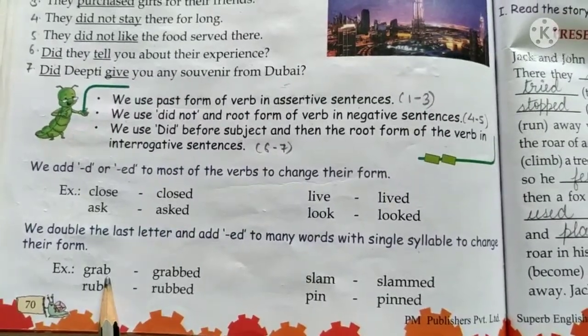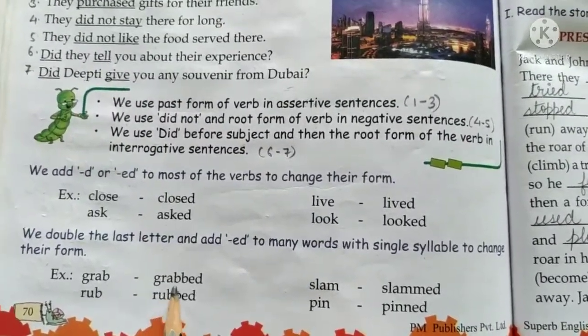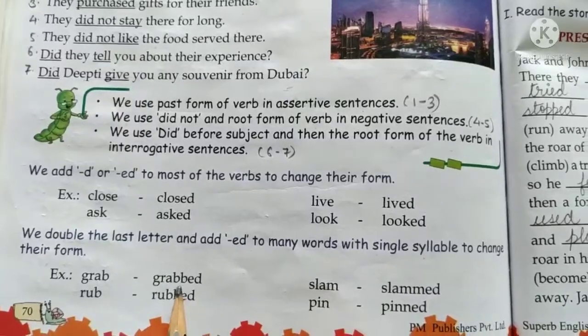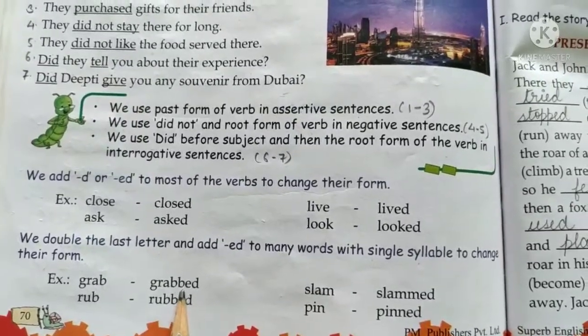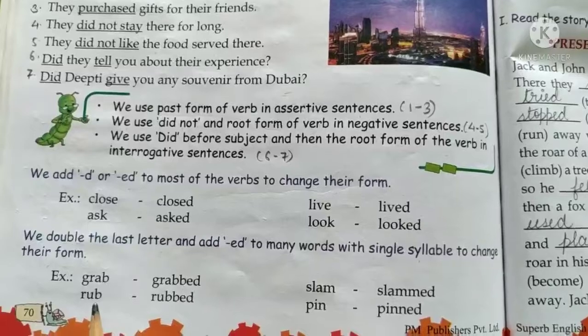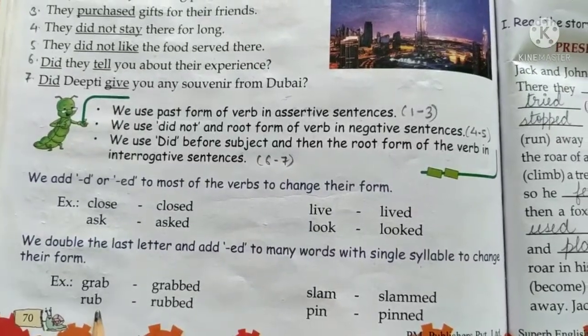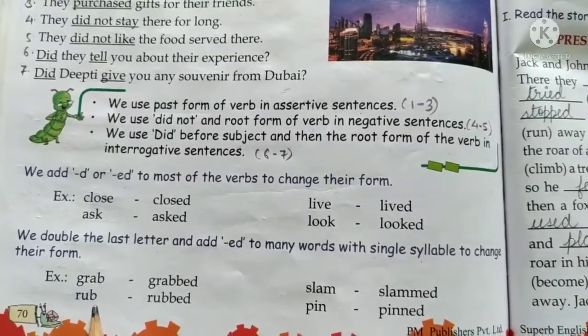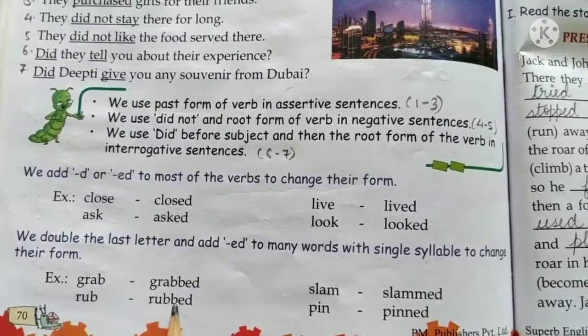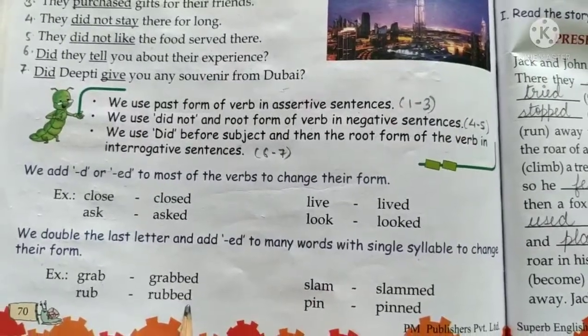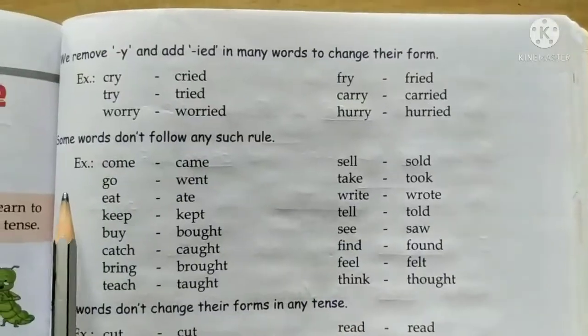That is, if it is B, G-R-A-B-B-E-D, we double the last letter and add ED. R-U-B, rub. So we double the last letter, R-U-B-B, and add ED to change it into the past form.